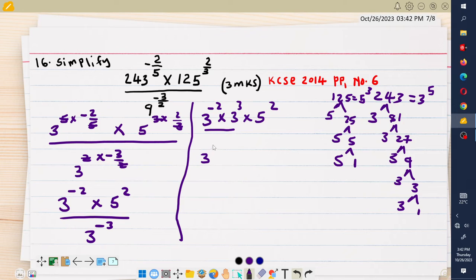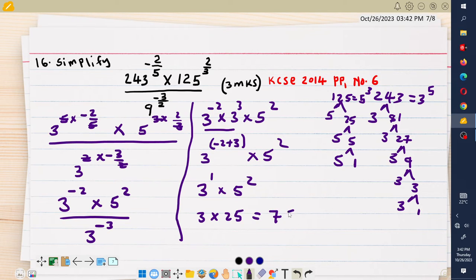So this is 3 to the power of negative 2, then I add 3. When you multiply, you add the powers. Then times 5 to the power of 2. So this will be 3 to the power of 1, negative 2 plus 3 you get 1, multiplied by 5 to the power of 2. So this is 3 multiplied by 5 squared which is 25. If you take 3 and multiply it by 25, you are going to get 75 as your answer.